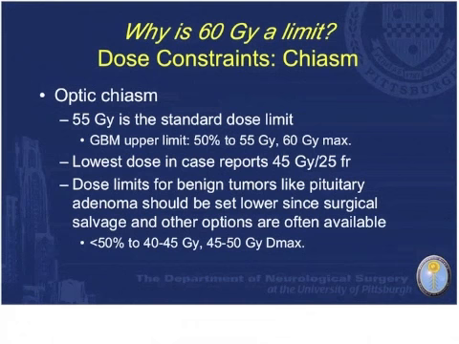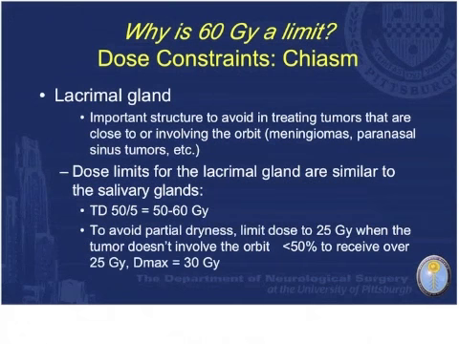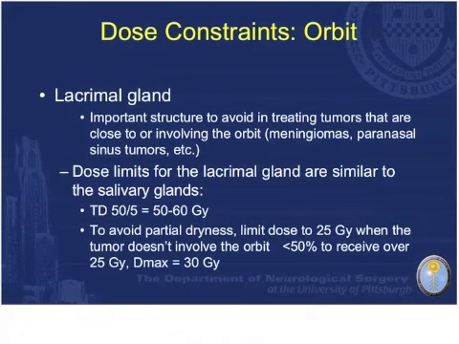And Dr. Baumann talked about why certain critical structures may be limited in terms of dose, and typically the optic chiasm is a very important issue for temporal lobe, frontal lobe tumors, 55 gray being a standard dose limit. And we've learned a lot of lessons over the years, not just from the malignant glioma experience, but from pituitary tumors and meningiomas of the skull base.